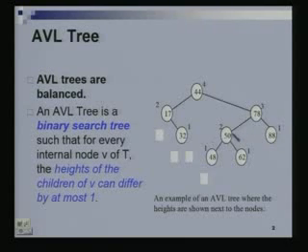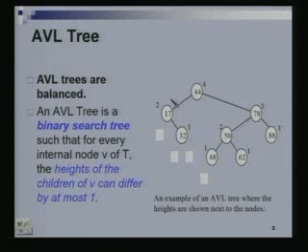The left subtree has more height than the right subtree. The left subtree has height 2 and the right subtree has height 1. This also has a difference of 1. The right subtree has height 3 and the left subtree has height 2. But the difference is no more than 1.